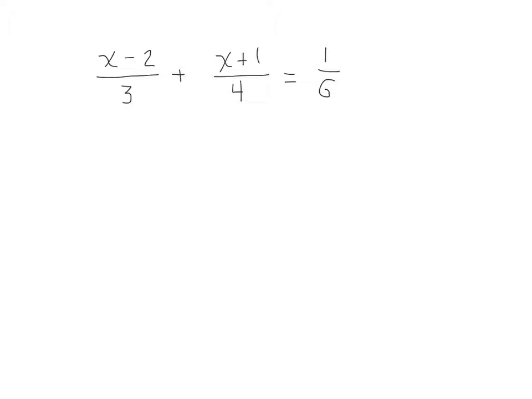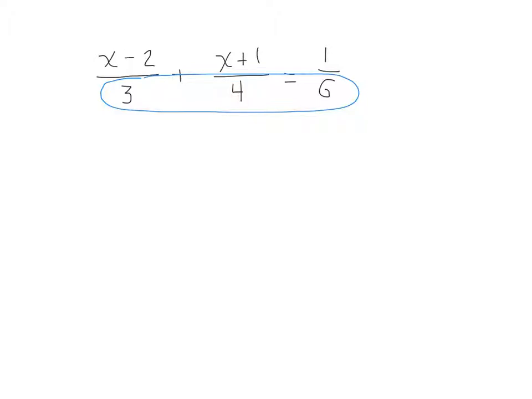But we're taking this one a step further in that we want to find the value of x that makes the left side of the equal sign come out equal to the right side of the equal sign, 1/6. To do so, instead of getting common denominators, we're going to find what that least common denominator would be, but instead we're going to multiply every term's numerator by that LCD.